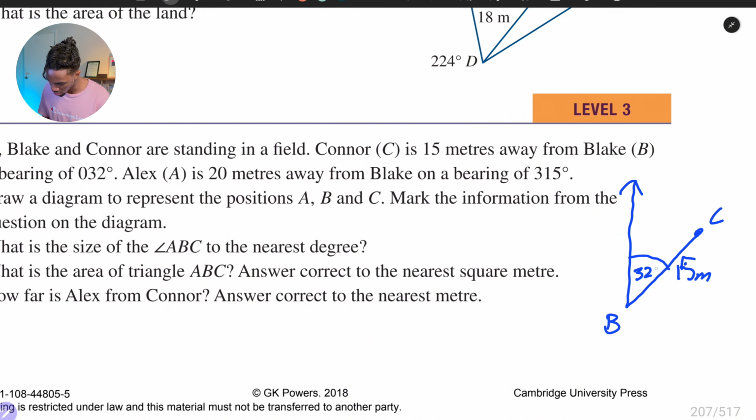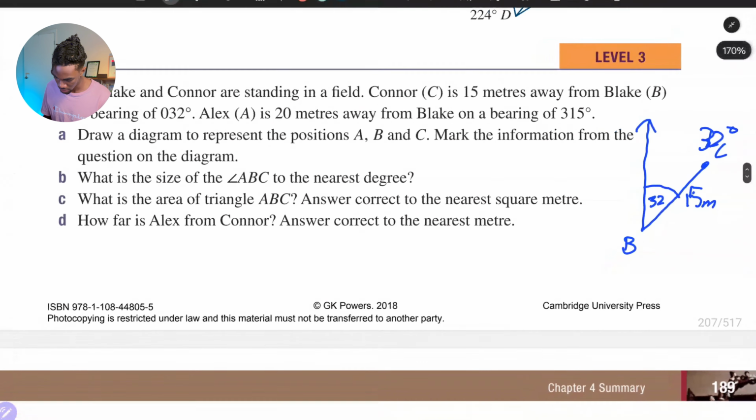This is 32. We'll just put 32 here. Alex is 20 meters away from Blake on a bearing of 315. So Alex is here, bearing 315.